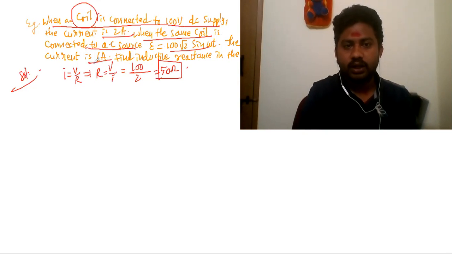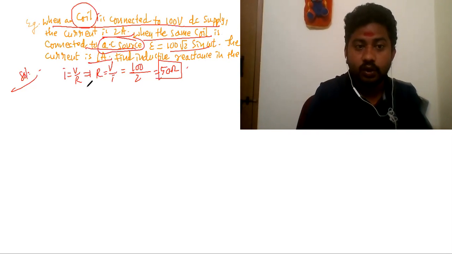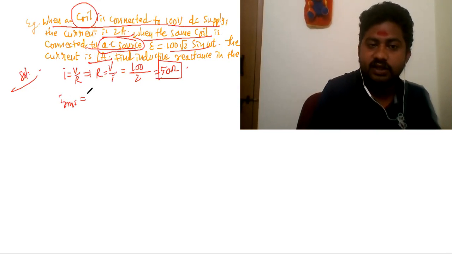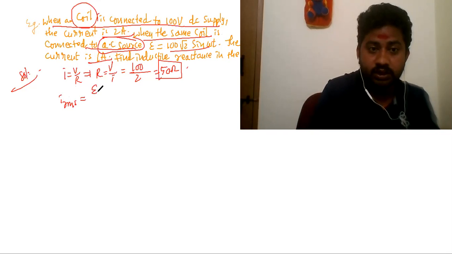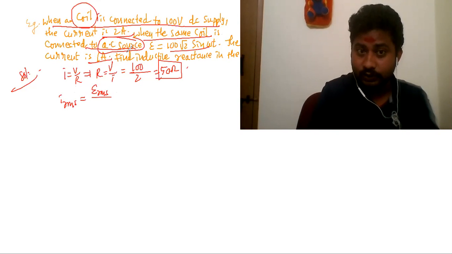the current is 1 ampere. Now the current is 1 ampere, and when it is connected to AC source, the current is called IRMS, which is equal to ERMS divided by impedance.